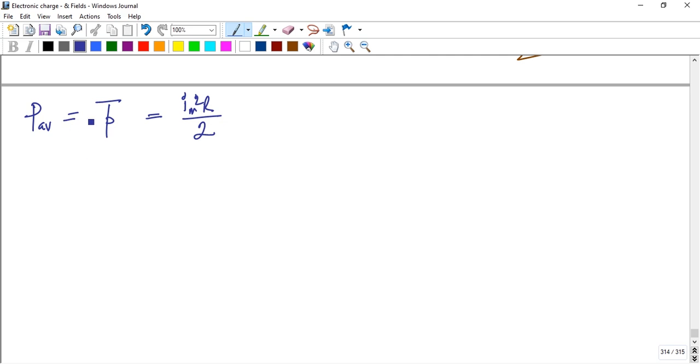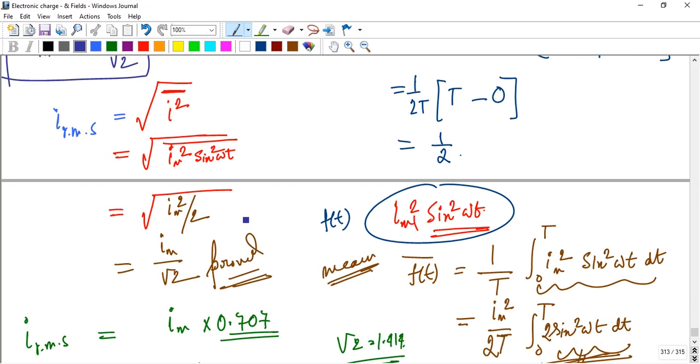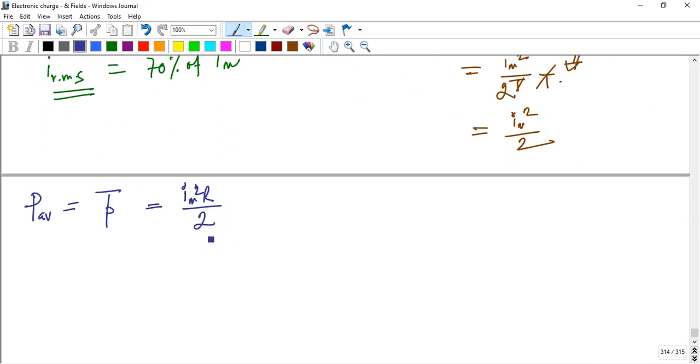Here Im square by 2 means I RMS square, because I RMS, the root mean square current, is Im by root 2. If I square both sides, we get I RMS square times R, that's the P mean.